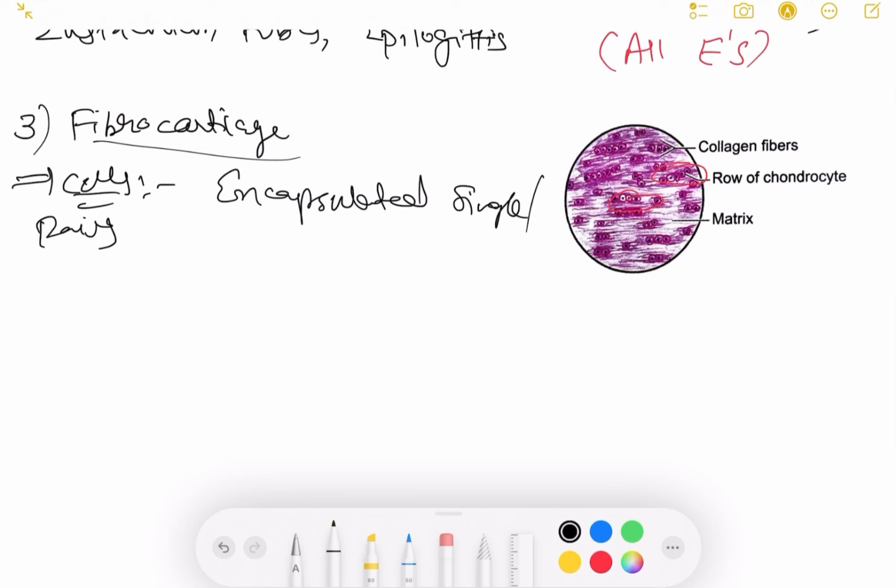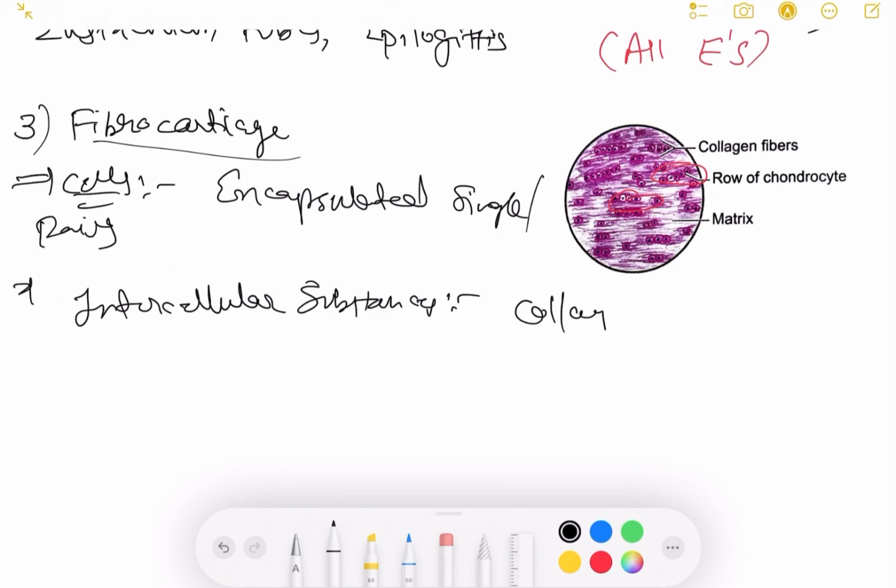Now if we talk about the intercellular substances, it is made up of collagen fibers. Like elastic cartilage is made up of elastin fibers, in the same way this is made up of collagen fibers.